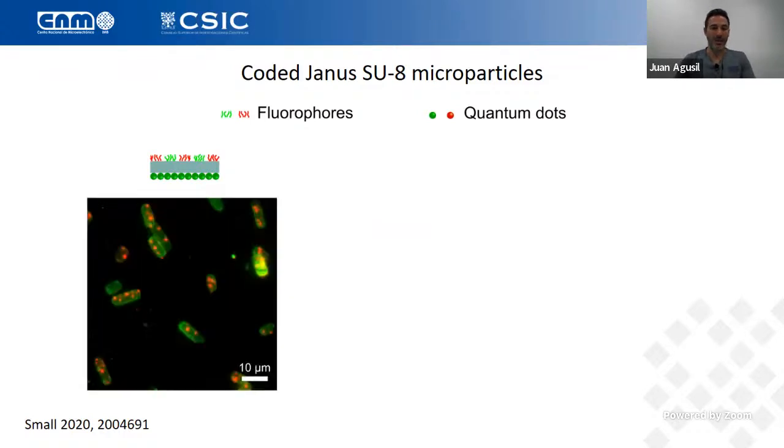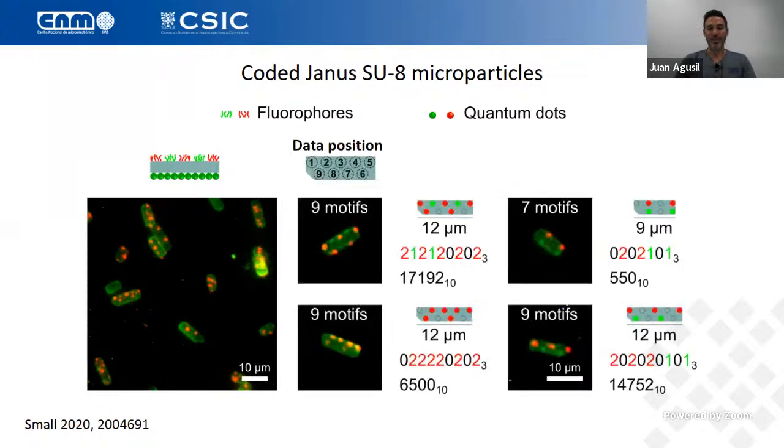In this case, we have SU-8 microparticles, where the top side of the microparticle is printed with the fluorophores, and then the underside is microcontact printed with a quantum dot. So if you select certain microparticles and you define a tertiary system, you can create a lot of coded microparticles in parallel with a single printing application.